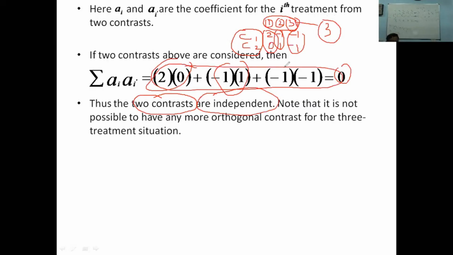So how can we say, if we have T number of treatments, the maximum number of contrasts that we can have is T minus 1? If we have 5 treatments, the maximum number of contrasts is 5 minus 1, which is 4. Clear?